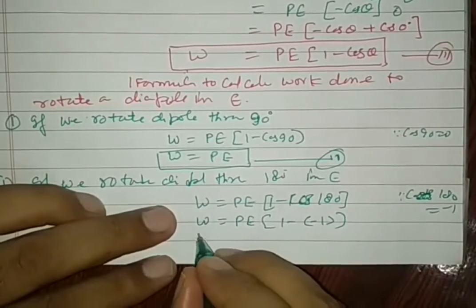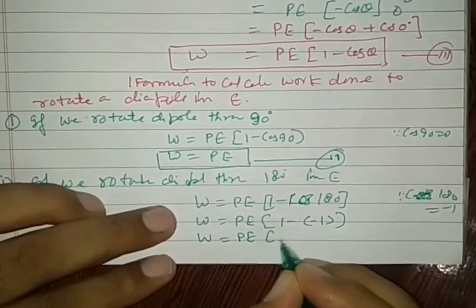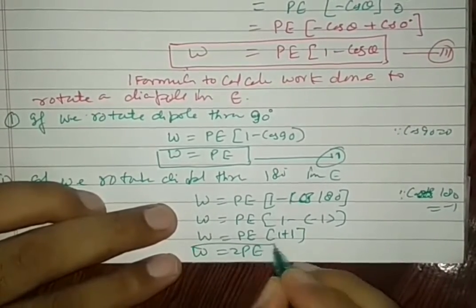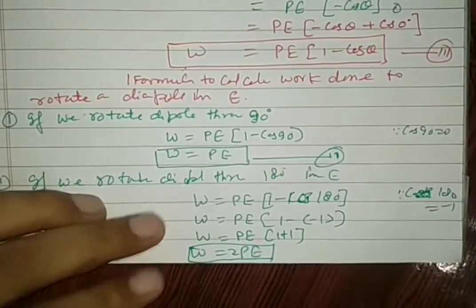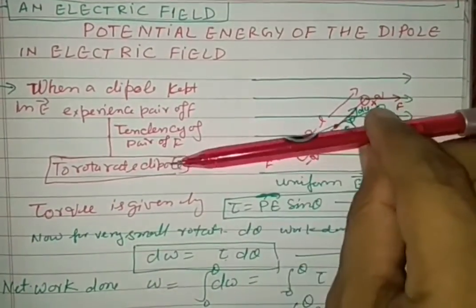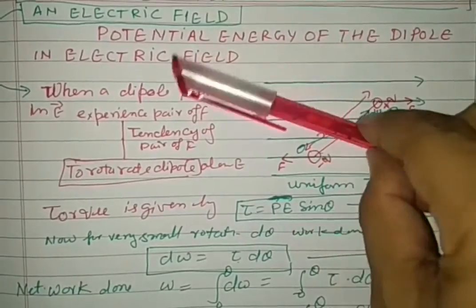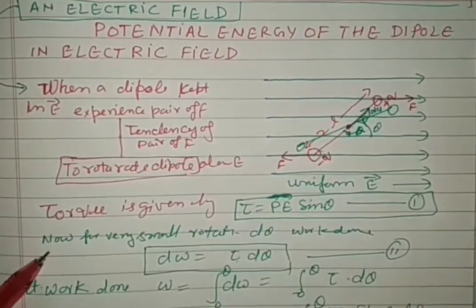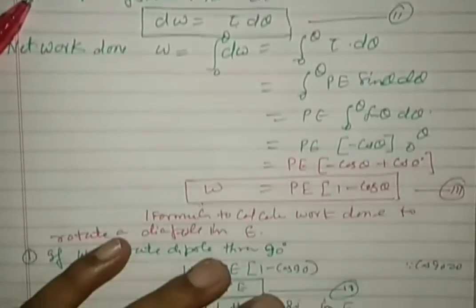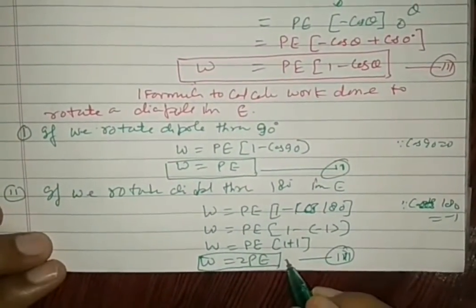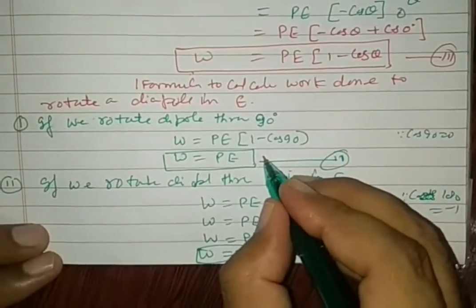It becomes W is equal to PE (1 plus 1). This is W is equal to 2PE, double of it. So on rotating through 90 degree, work done is PE, and through 180 degree, it is 2PE. Here these are the formulas to calculate work done at a rotation of 180 degree, 90 degree and a certain angle theta.